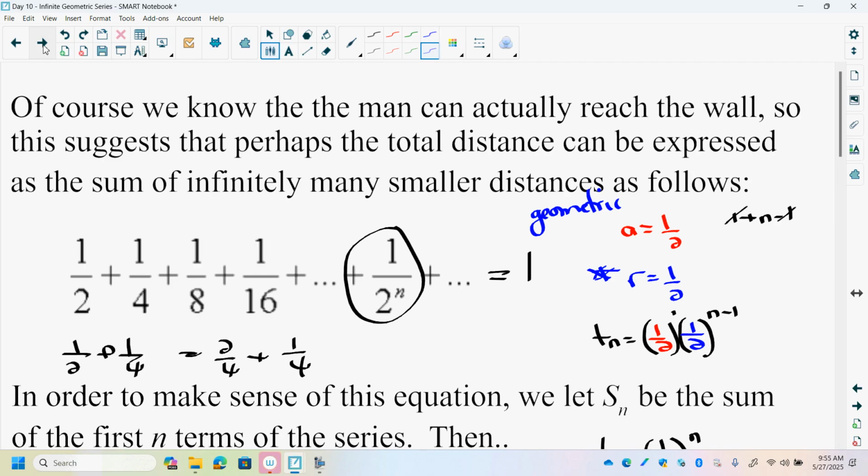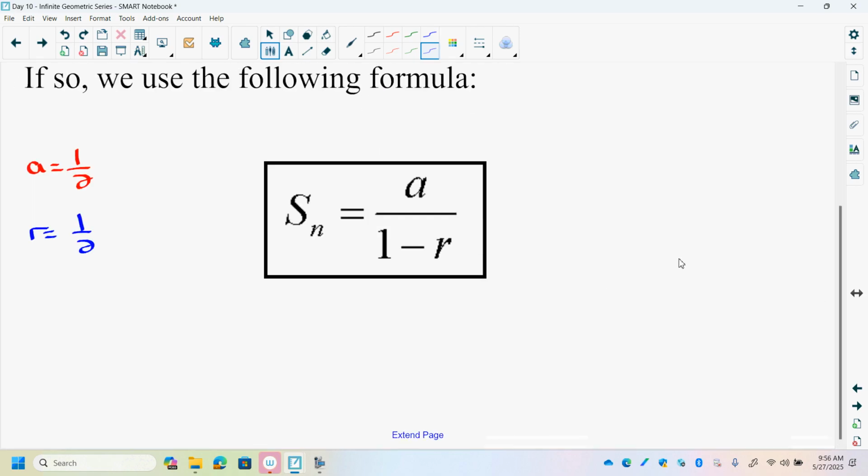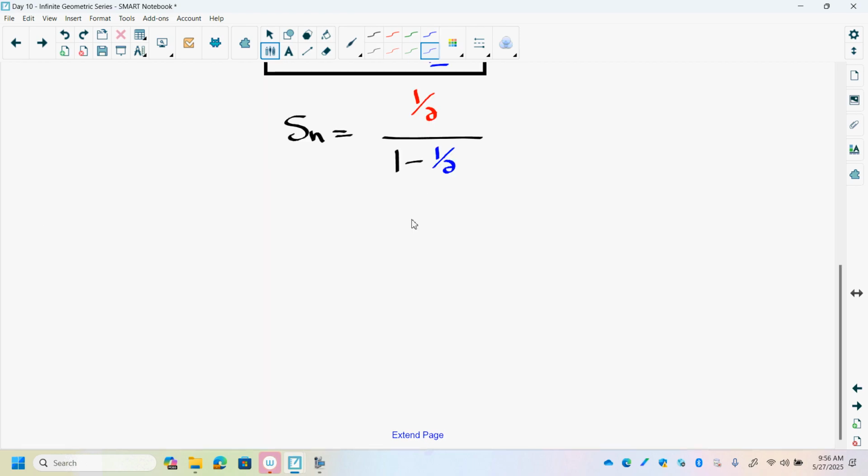Okay? Let's make sure or prove that this formula works. Sn is going to equal 1/2. I'll fill in my A value. Over 1 minus 1/2. How do you subtract fractions?